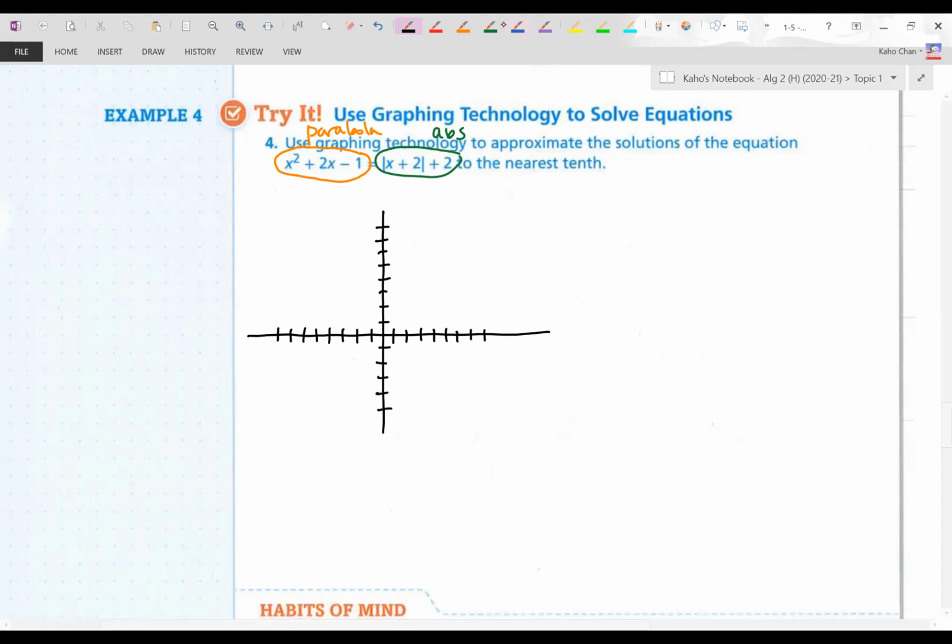So I'm going to eyeball this. Please be patient. Eyeballing this from Desmos and my parabola. Oops. Let's do this. 3.3 right there, and 1.79. It's about right there.